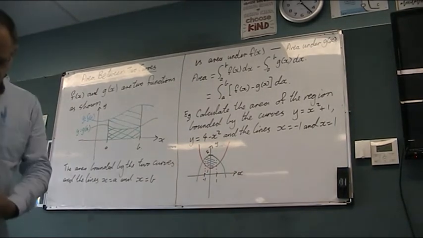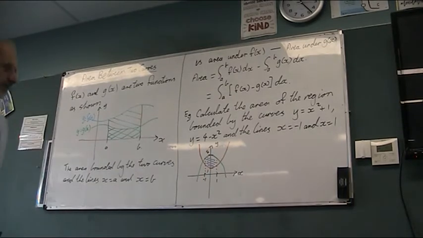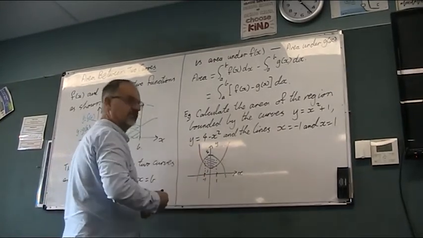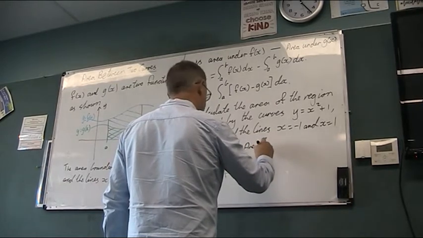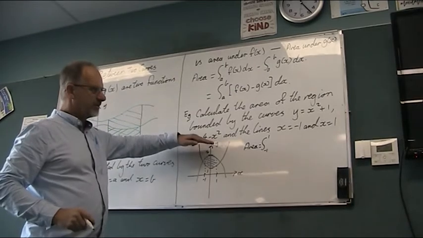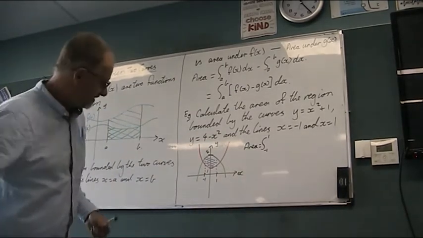All right, so when we look at that, here's our limits, between -1 and 1. And the upper one, which is the green one, is 4 minus x squared, I should say.